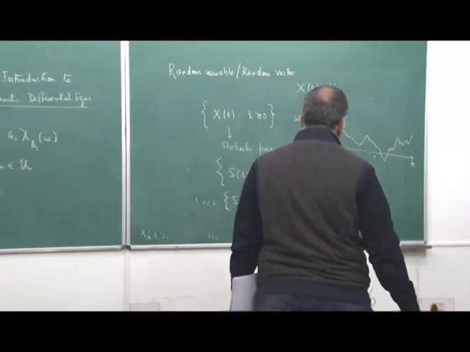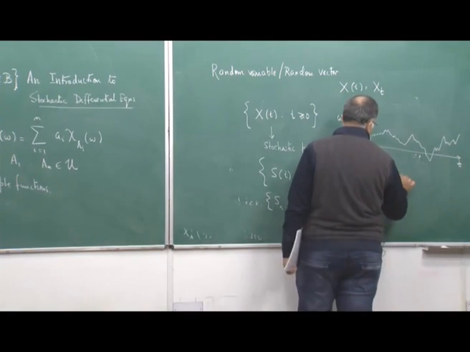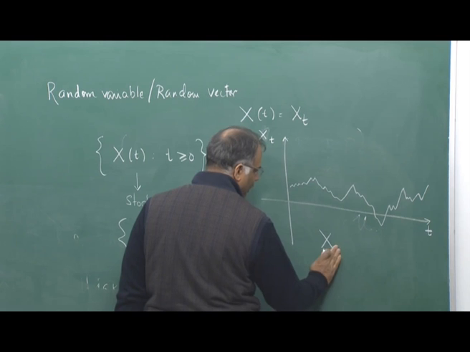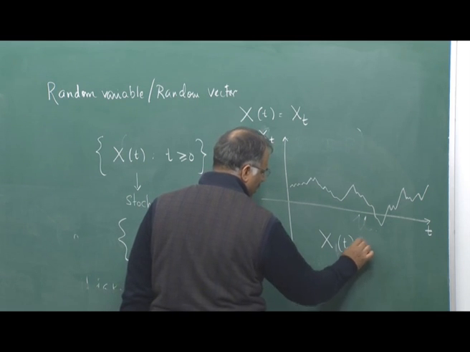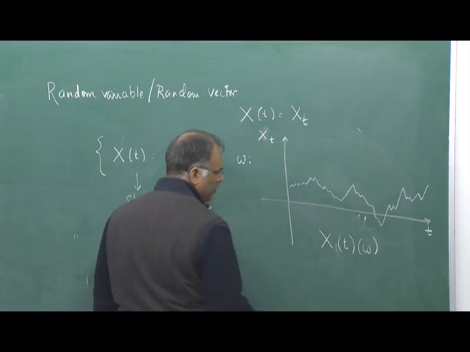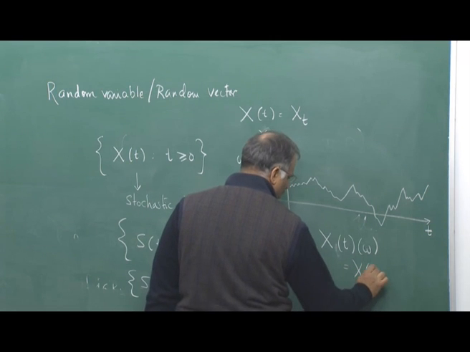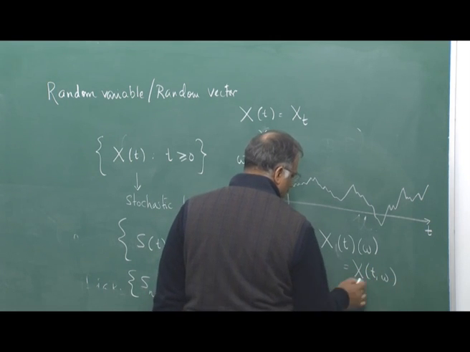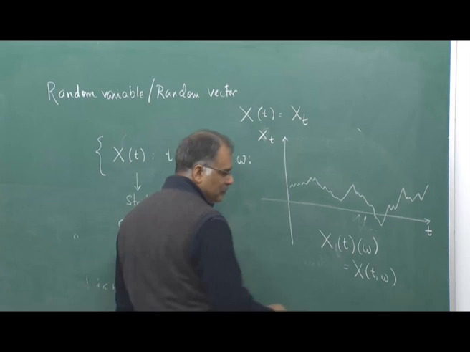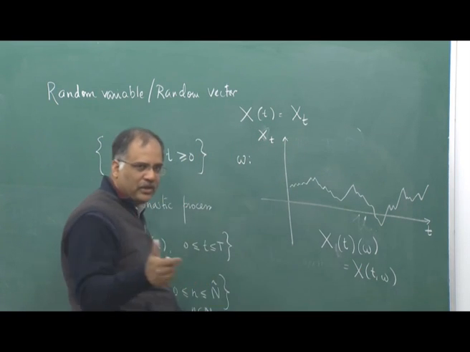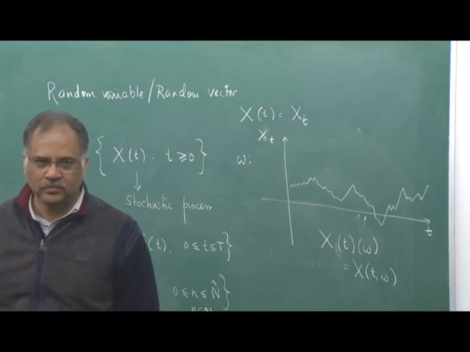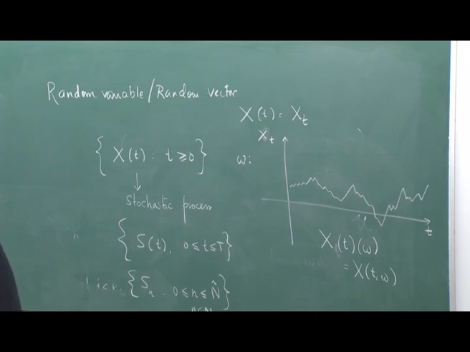So what you have done is you have computed X_t of omega, sometimes written as X_t(omega). This is called the sample path. So, fixed omega you are changing t, but if you change omega, then it is bizarre basically.